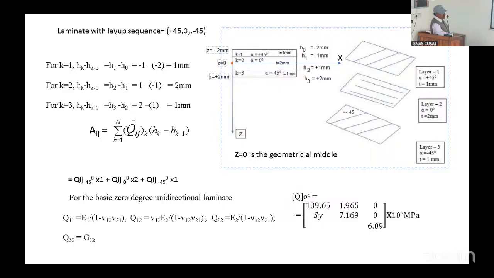So now we will see, this is for the basic material matrix. This is already our equation. See here, this is E1. E1 is equal to 139 divided by 1 minus nu12, that is roughly 1 only. Like that, E2 we already put earlier in the property table.